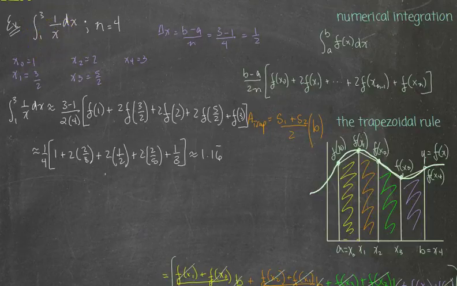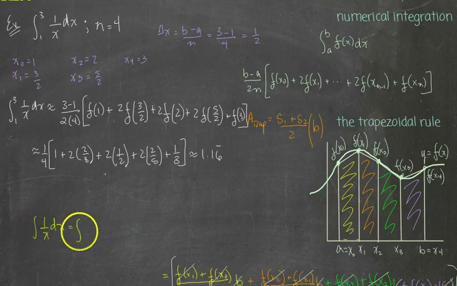Now, as a little side note, we're going to learn later that whenever we're looking at 1 over x, remember, we're not able to integrate this using any of our earlier rules. We have the integral of 1 over x dx equals the integral of x to the minus 1 dx.